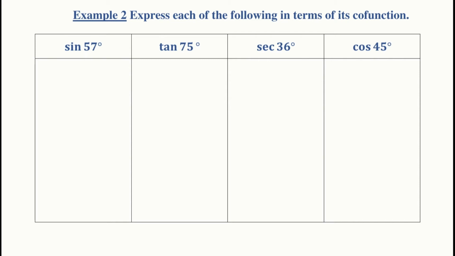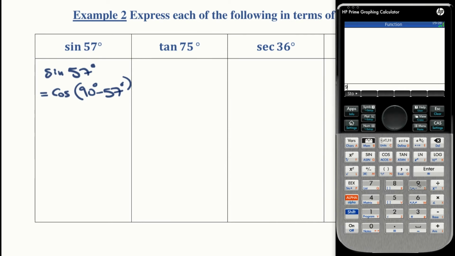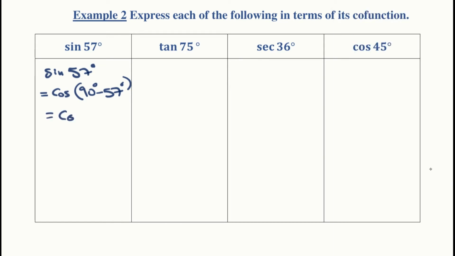So sine of 57 degrees should be the same as the cosine of the complement of 57 degrees, which is 90 degrees minus 57 degrees. So we go ahead and compute 90 minus 57. We end up with 33, which is cosine of 33 degrees.